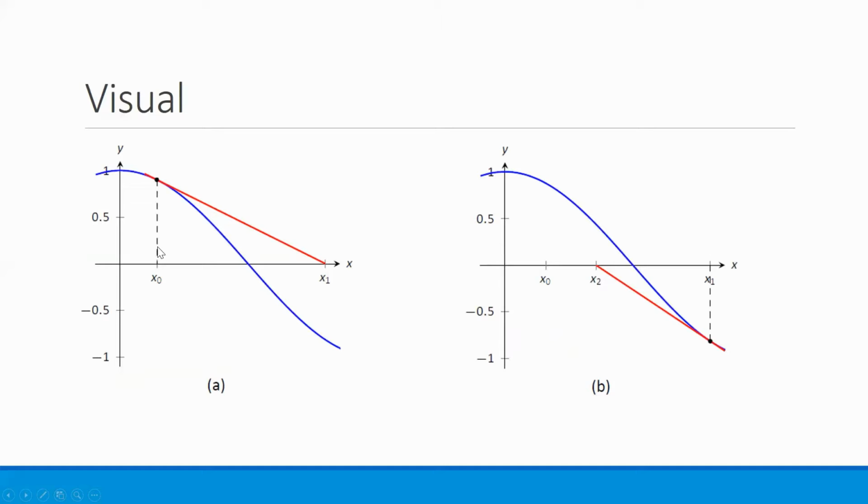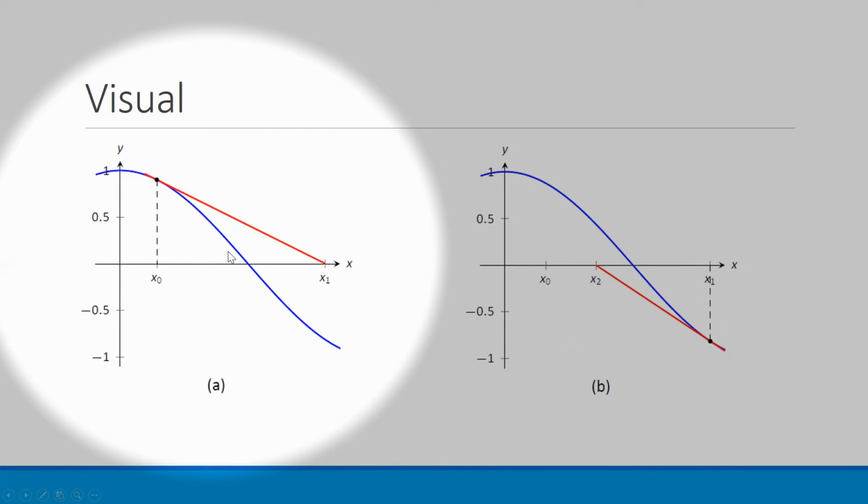Here's a visual of what's going to happen. Let's say this blue curve is our function f of x. And I start at x0, at this guess. I'm going to calculate the y value of the point by plugging in this x0 into my function.